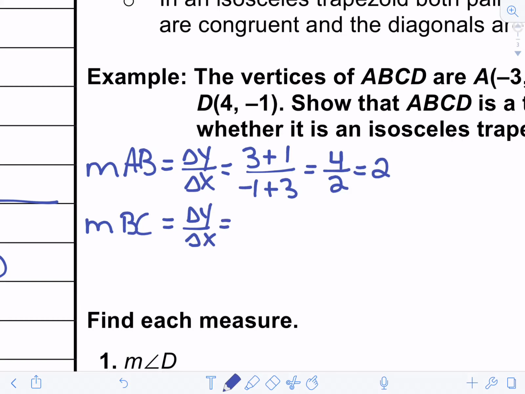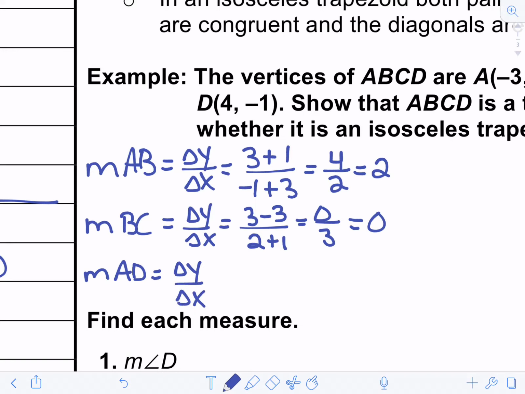So BC would be 3 minus 3 over 2 plus 1. So that's 0 over 3, which will give me 0. I'll find the slope of AD. Change in y over change in x. So AD would give me -1 plus 1 over 4 plus 3. So that would give me 0 over 7, so that's 0.